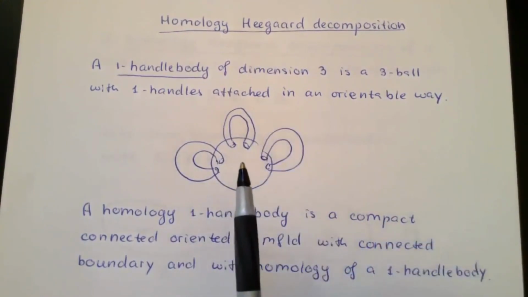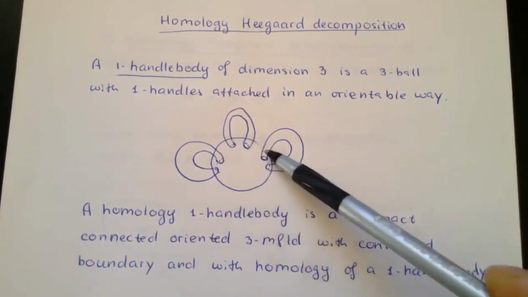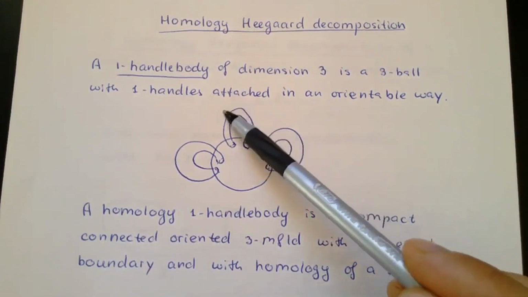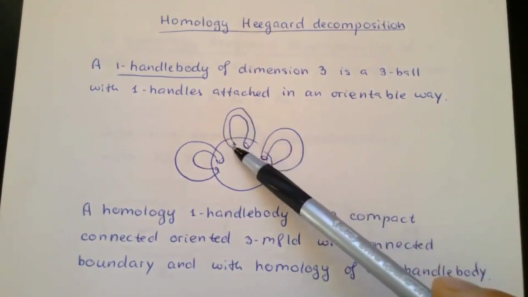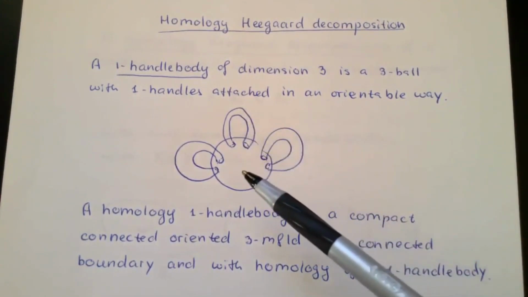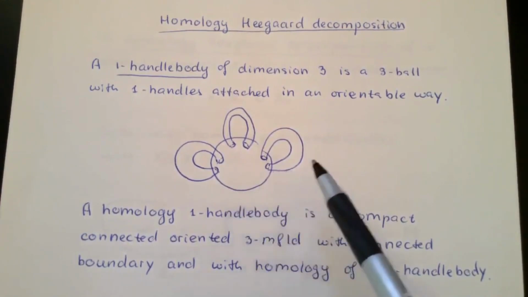in an orientable way. So here you can see that we start with a three-dimensional ball and we attach one-handles. One-handles means that this is just a segment times a two-dimensional disk. So we attach these one-handles, and when we attach one-handles, there are two ways to attach a one-handle.